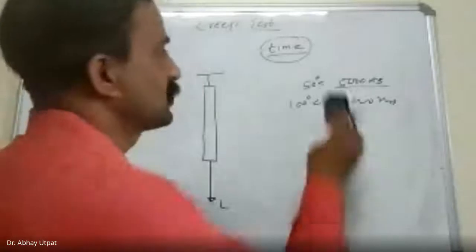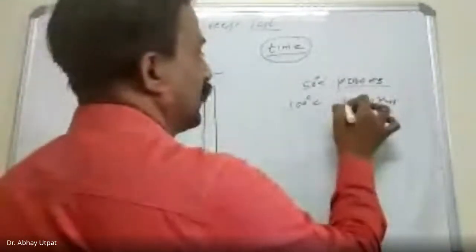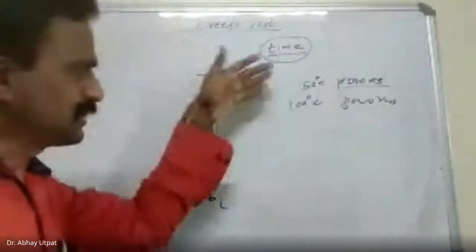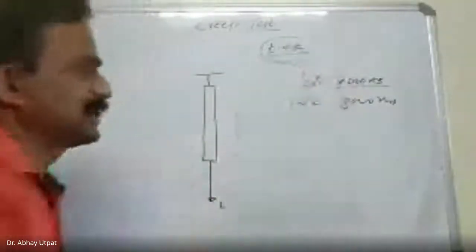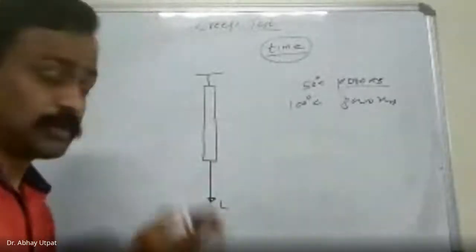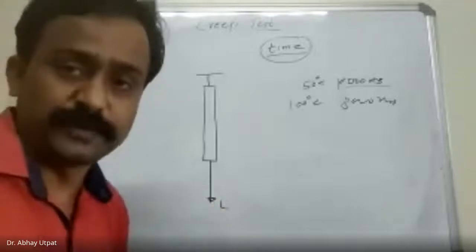It may not be this much less. It may be 10,000 hours, and here it may be 8,000 hours. So it will stand a long time. Then 50 degrees Celsius and 100 degrees Celsius are not giving any response. So temperature is also an important parameter: which temperature you have to select to observe the deformation.